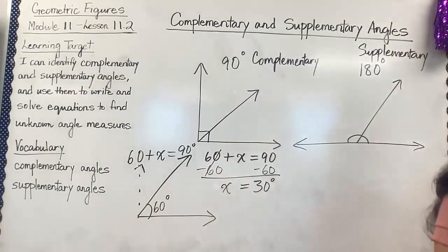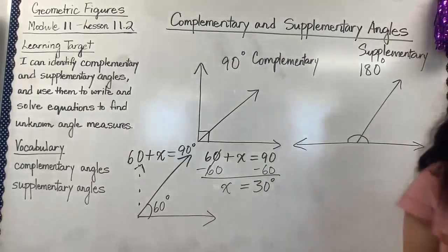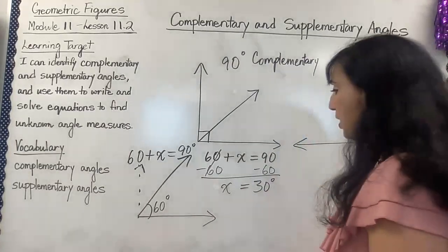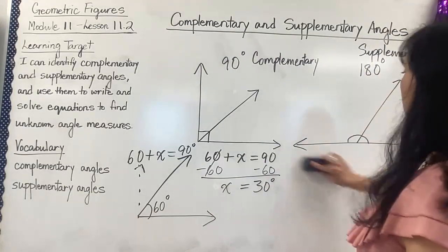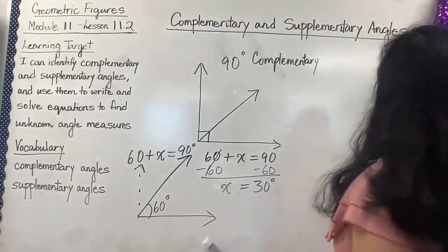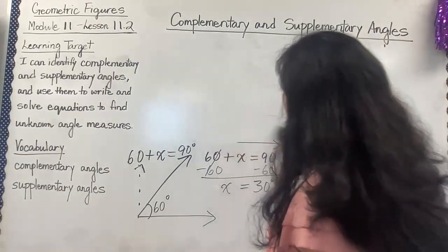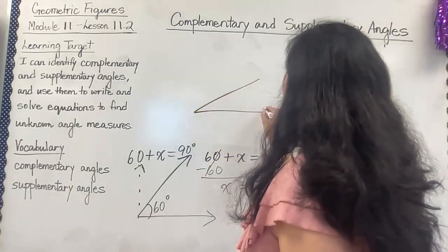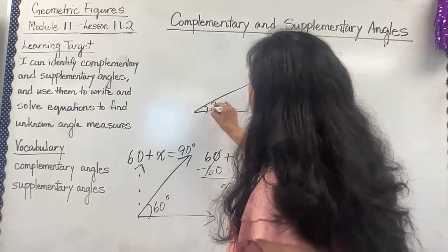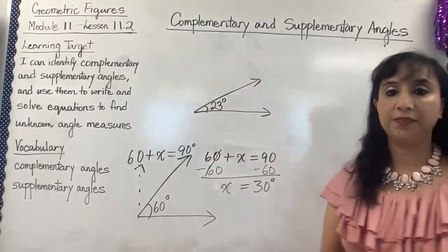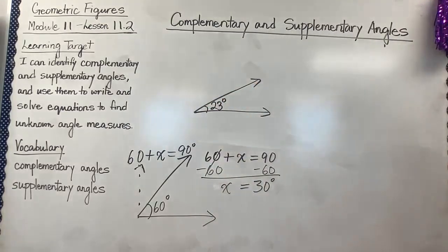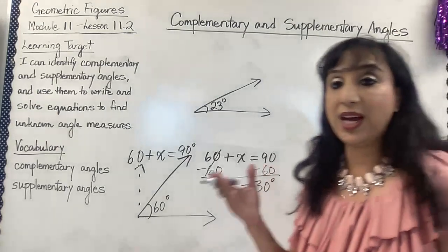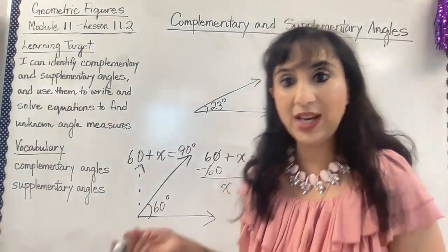Okay. Now, let's say I give you another one, and let me just remove this because we have talked about this. And if I say that I have an angle which is 23 degrees, what is an angle that is complementary to the given angle? So complementary again should equal 90 degrees.